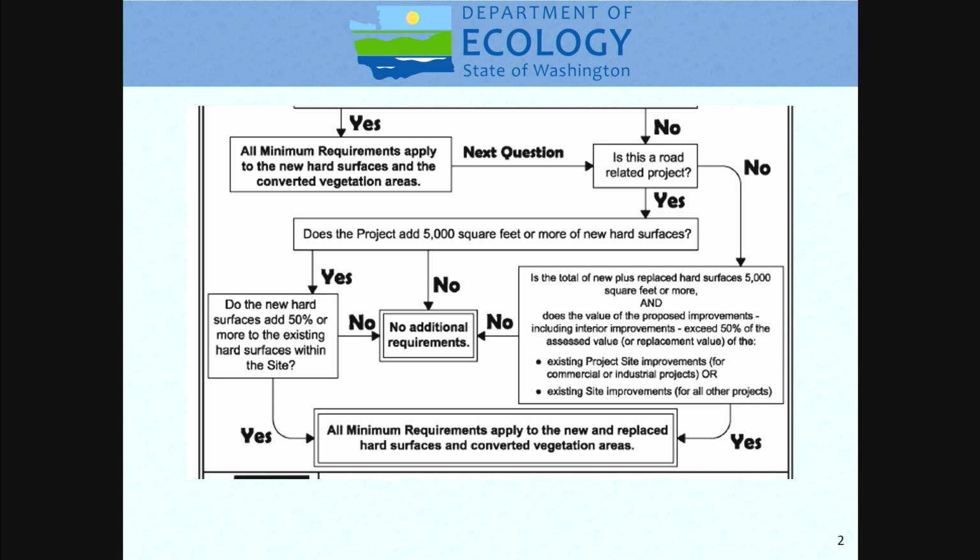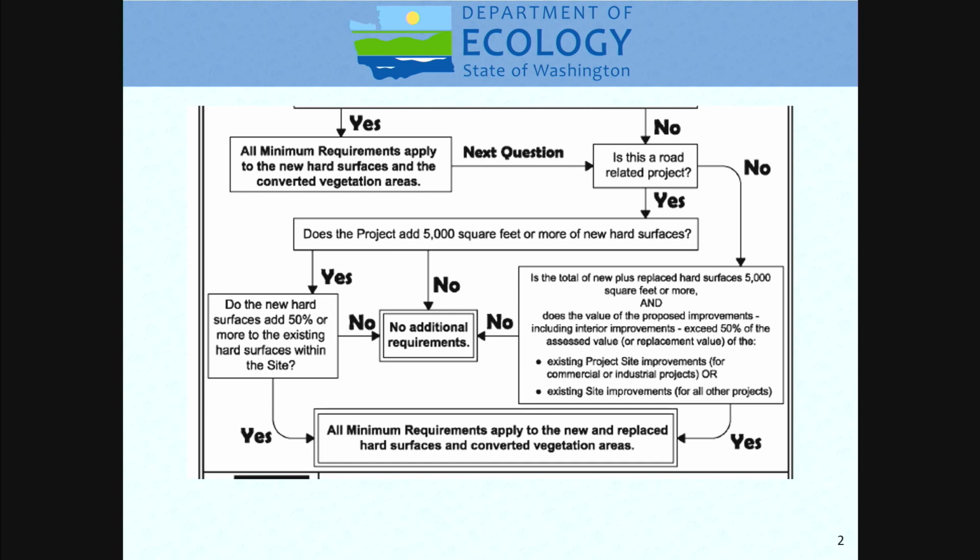And if you answer yes, then you have minimum requirements 1 through 5 for all the new, replaced, and area disturbed, land disturbed. And then you have another question that says, are you greater than 5,000 square feet of new and replaced hard surface? And that's this yes and no at the top of that.